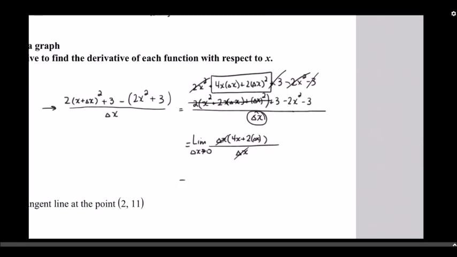So the problem just turns into the limit as delta x approaches 0 of 4x plus 2 delta x. And now when this delta x here becomes 0, then 2 times 0 is 0.